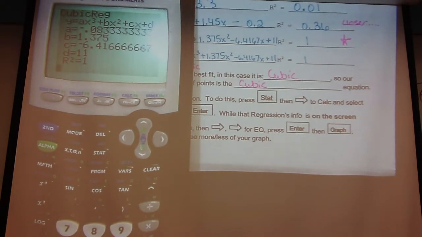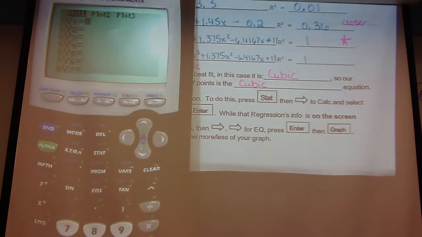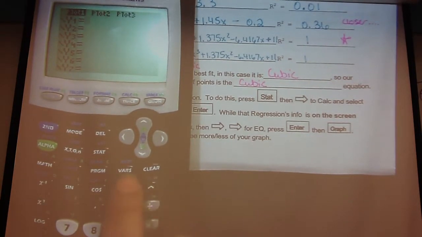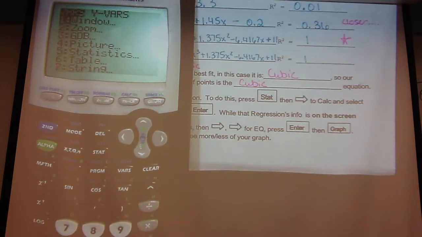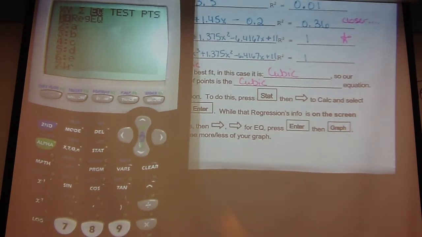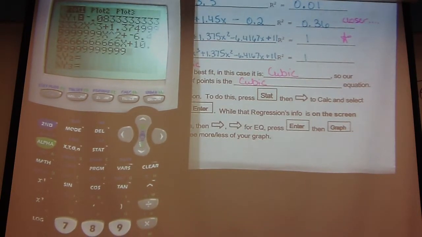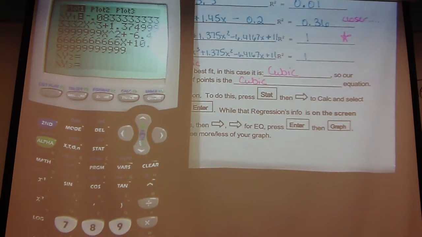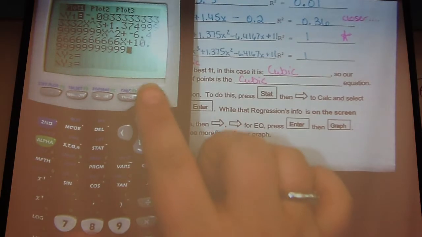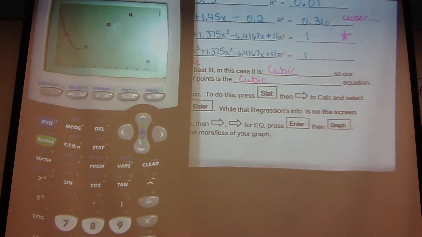the screen, then press y equals, vars, which is right next to clear. Number 5 for statistics. Arrow right 2 times for EQ and press enter. Then that transfers that equation into your y equals, and watch what happens when you hit graph.